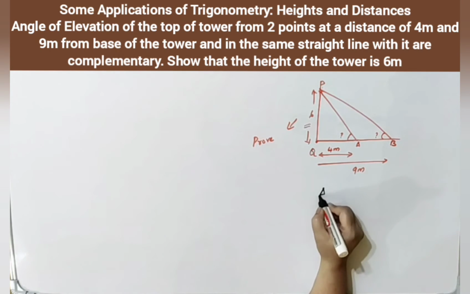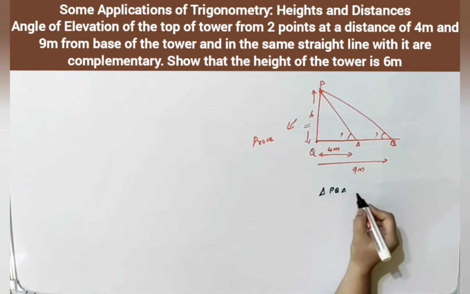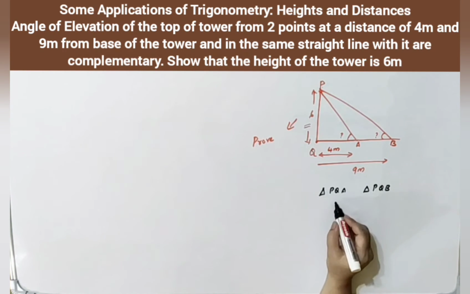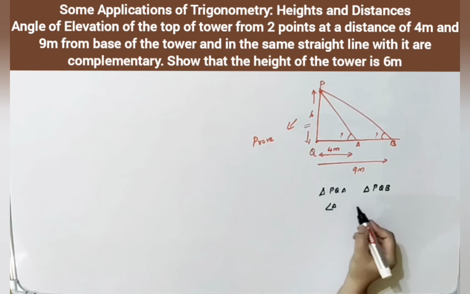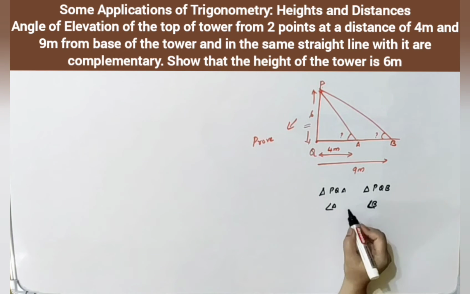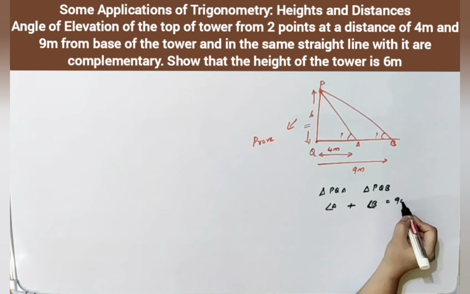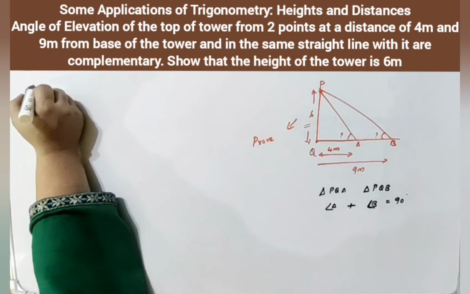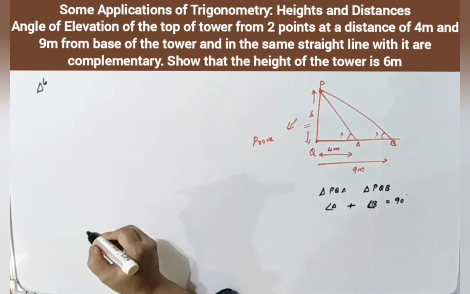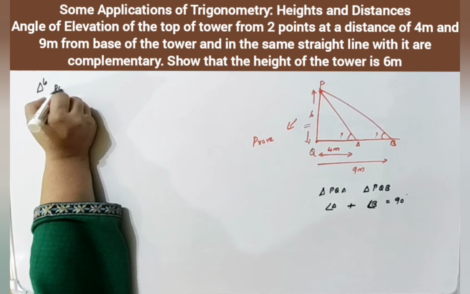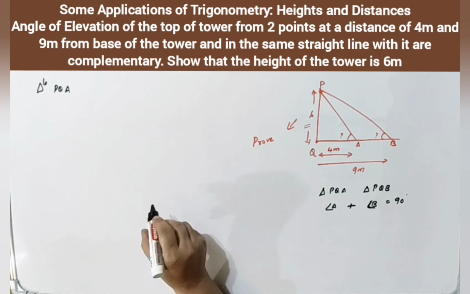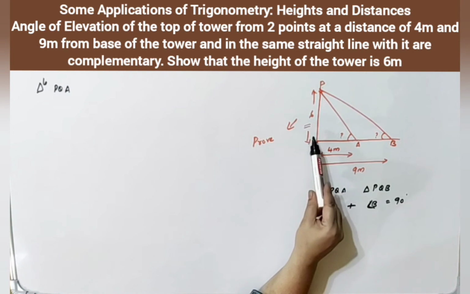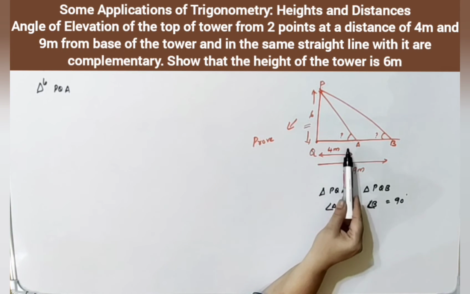We have two triangles, triangle PQA and triangle PQB. Let's call these angle A and angle B. When you add both of these angles, it's going to be 90 degrees because both are complementary. Now, let's take the first triangle, triangle PQA. We'll have to use the tan formula because we have to prove the height, which is the opposite side to the angle, and the adjacent side is already given.